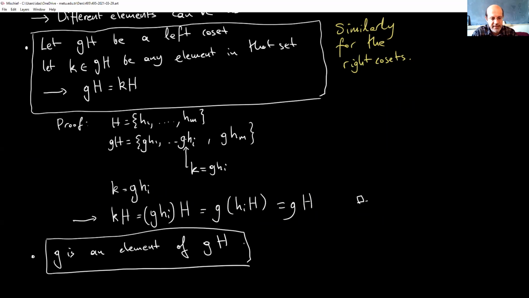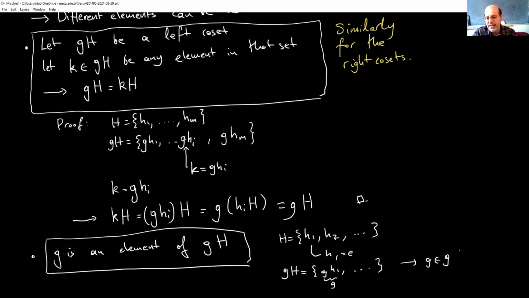That's kind of obvious because, for example, one of these elements is the identity. So let's say that H1 is equal to identity. So in GH, the first element is GH1, but this is G times identity, so therefore this is equal to G. So therefore, G is an element of GH.